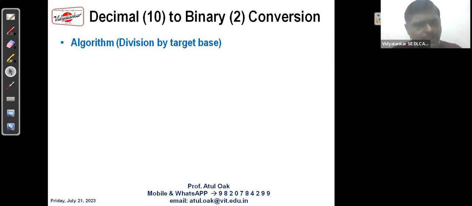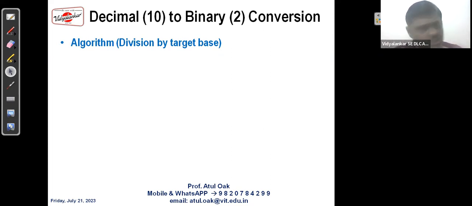Let's see what is the algorithm. Okay, now these algorithms will help you to understand how to solve numerical. Okay, you don't have to solve numerical just by looking at examples, but everything in computer has an algorithm. Understand? Okay, everything works through algorithm, so we need to understand the algorithm.